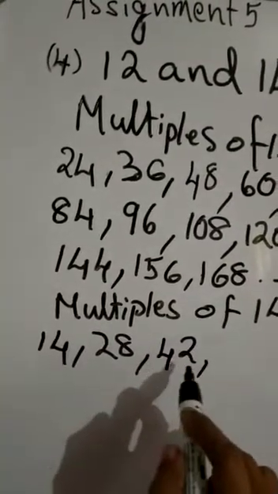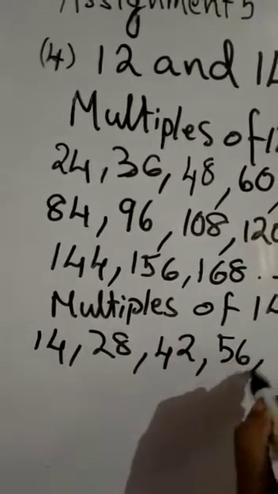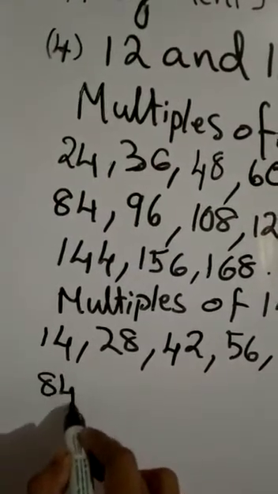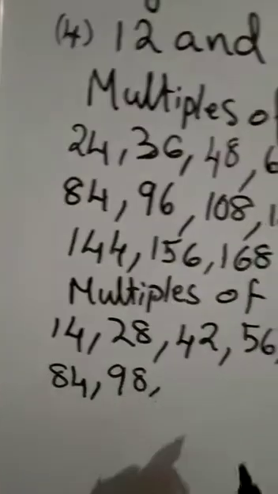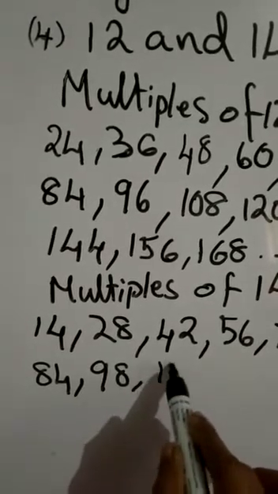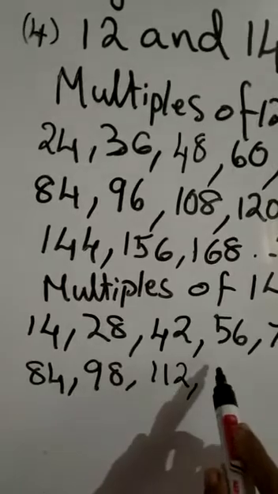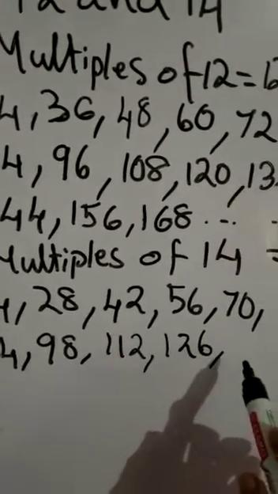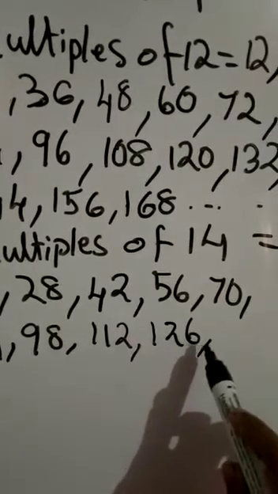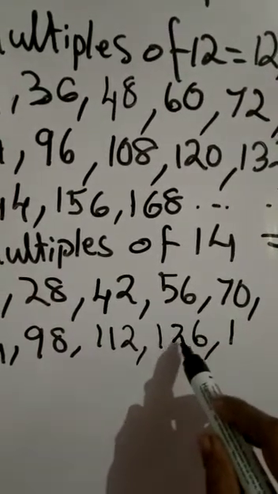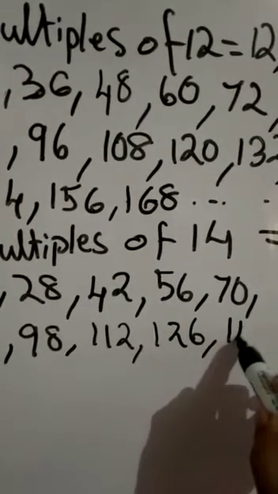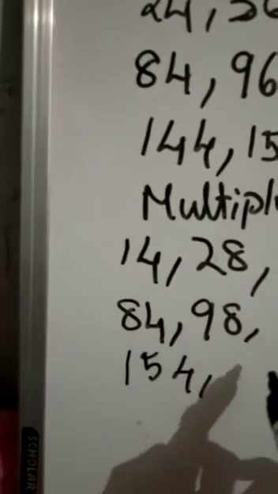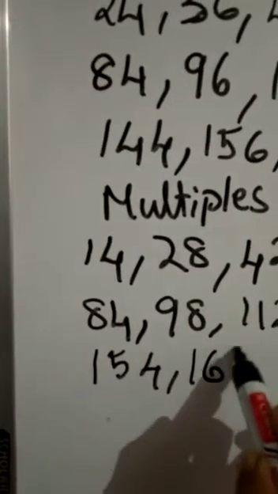Then 42, 52 plus 4, 56, like that. 56, 66, 70, then 84, 94, 98, then 108 plus 4, 112, 122 plus 4, 126, 136 plus 4, 140, 154, then 164, 168, and it goes on.